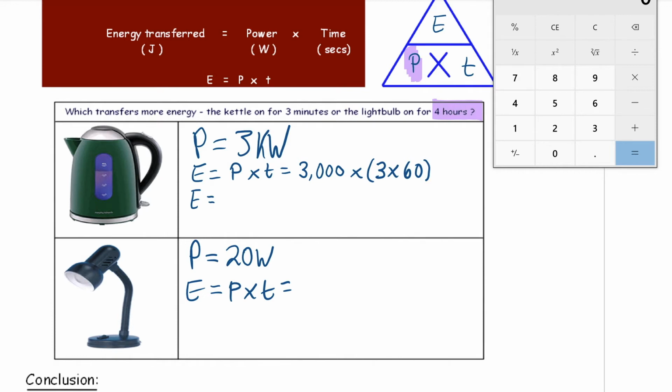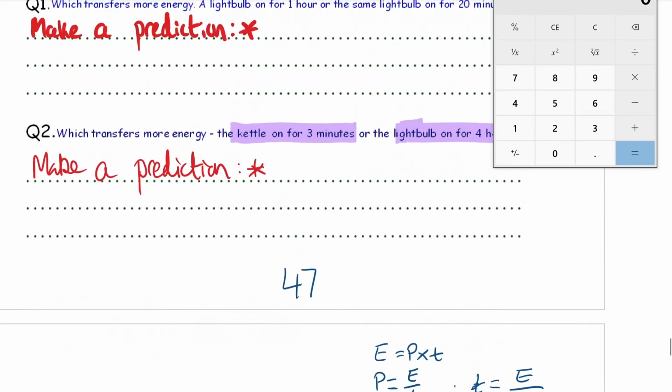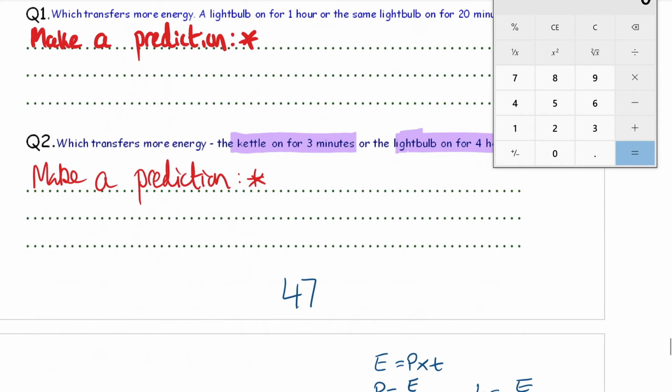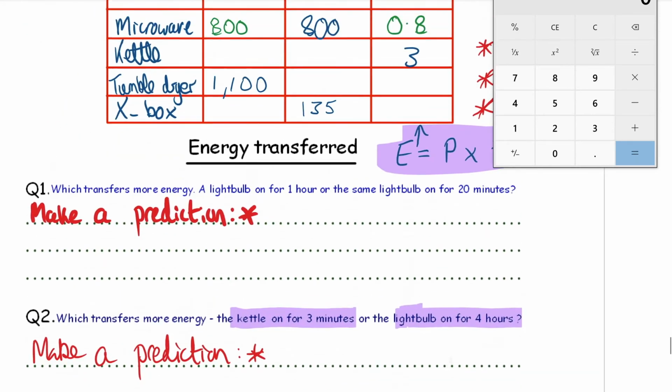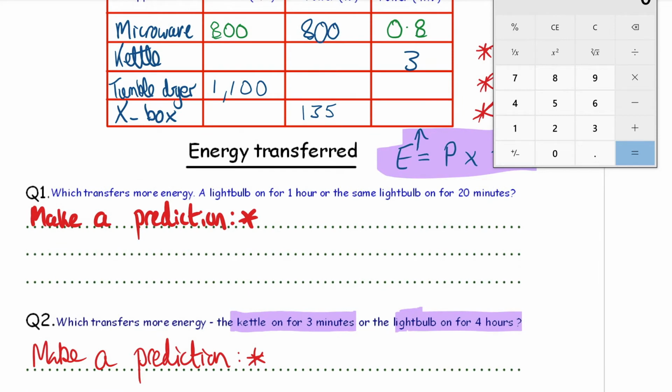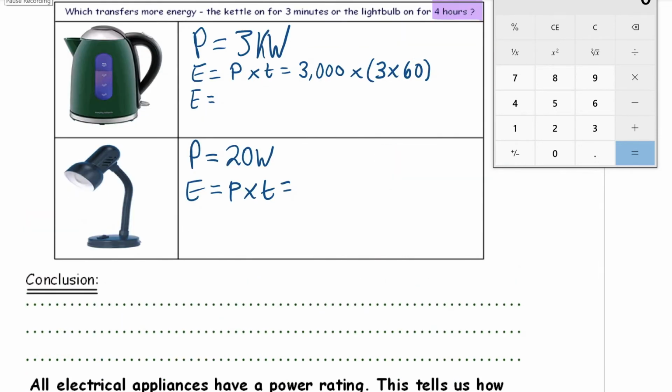The lamp itself, I think it was a 20 watt lamp. Let's just go back and check. Yeah, 20 watt lamp, so it's 20 times 4 hours. So this time in brackets, we put the 4 times 60 times 60.